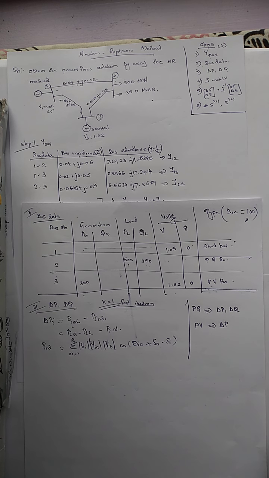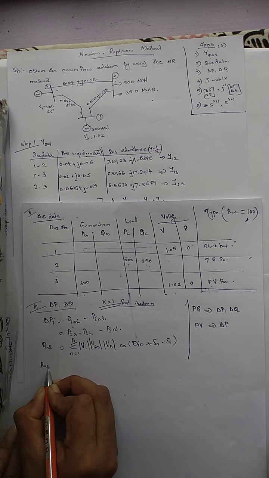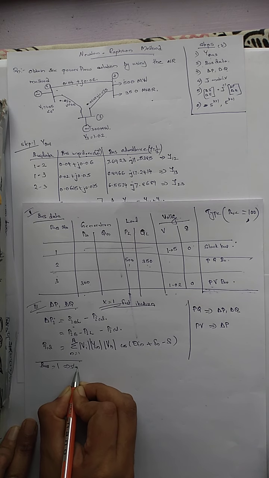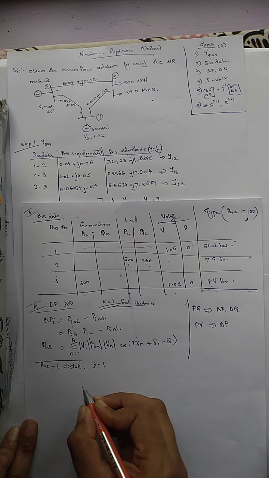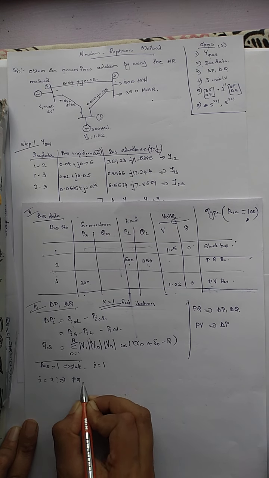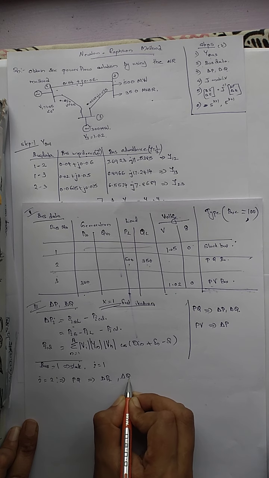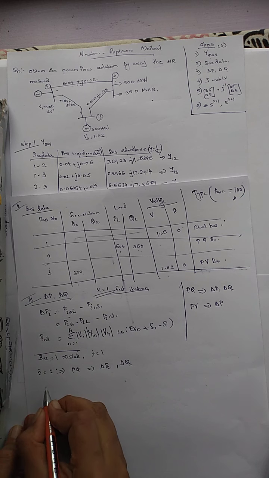So I am taking my first bus for calculation. Bus 1 is a slack bus, we don't have to do it. Here I is equal to 1, and when I is equal to 2, that bus is a PQ bus. It is already given. So we have to find out delta P2 and delta Q2.